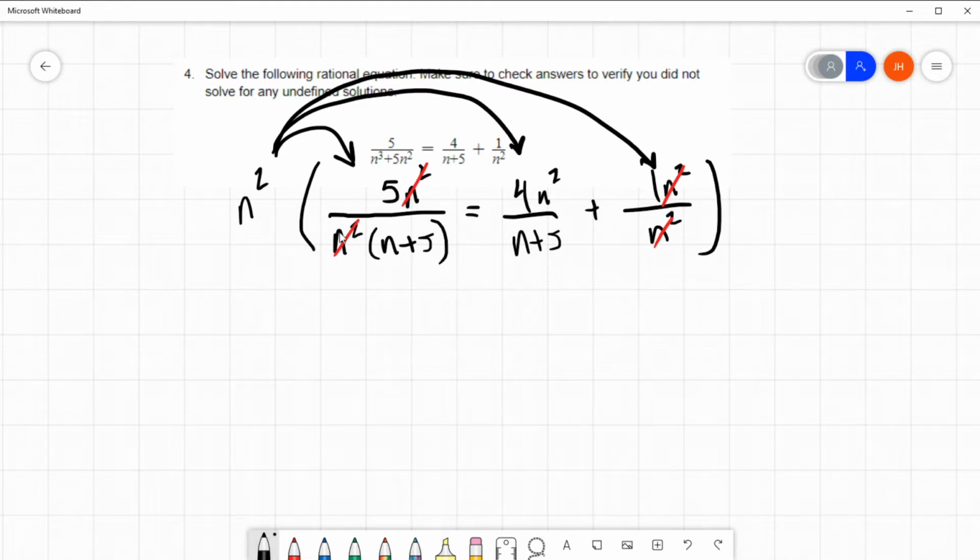We're basically just taking the factors of our denominators and multiplying them to all the terms. And so in the end, after this one, we'll have 5 over n plus 5 equals 4n squared over n plus 5 plus 1, right?